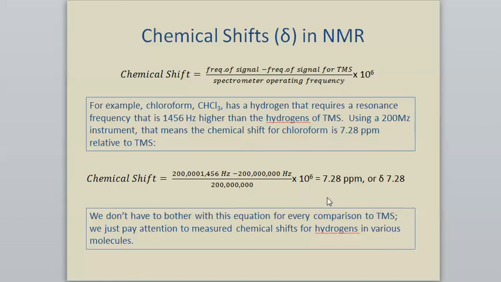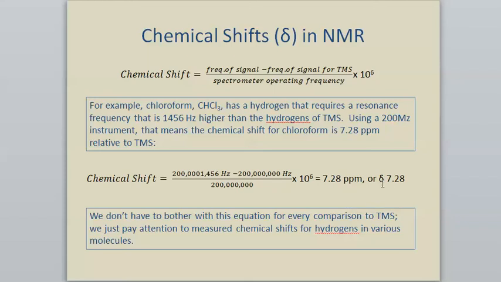And what that does is give us chemical shifts that tend to be between 0 for TMS and about 11 or 12. So we get a nice little scale of numbers that makes it easy to compare. Again, ppm is parts per million, so that's just reminding us of how it's calculated. And these are generally measured to 2 decimal places like you see here.